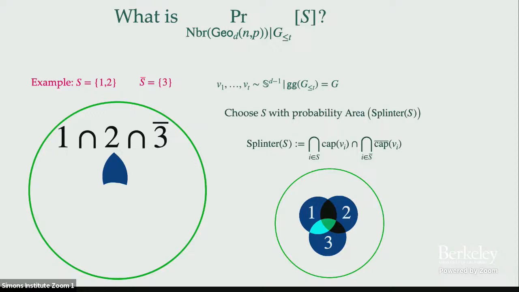So this is the shape we eventually care about, which is splinter S. So there is some evolution, like essentially these splinters are generated by the intersection of a bunch of caps and anti-caps. So we want to prove that this probability, the area of the splinter, concentrates.